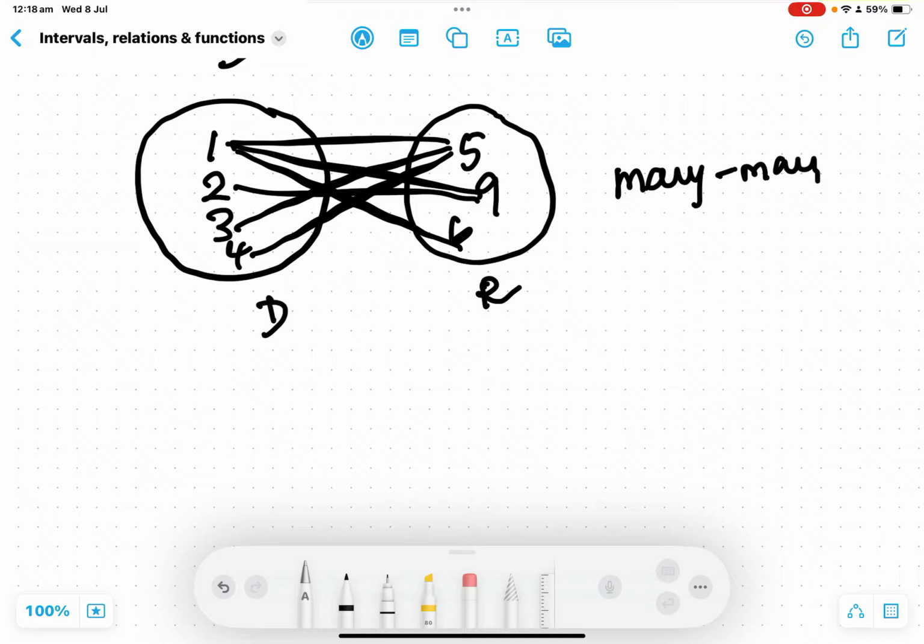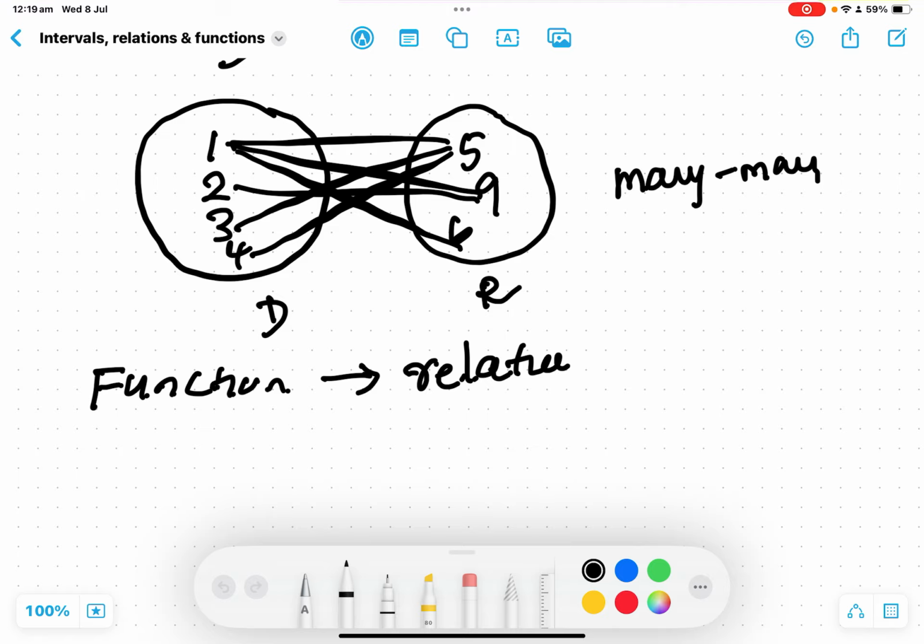So when it comes to a function, the first thing is it is a relation. That means it has ordered pairs.